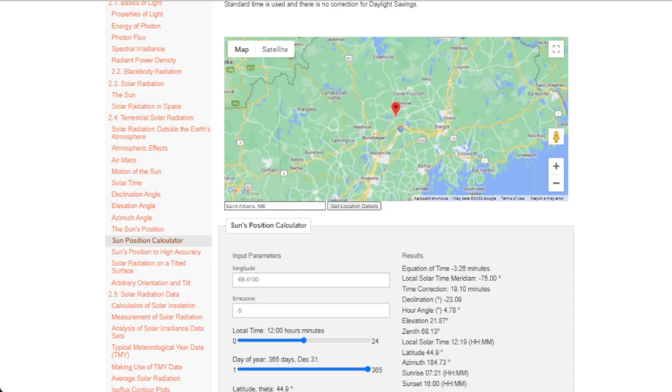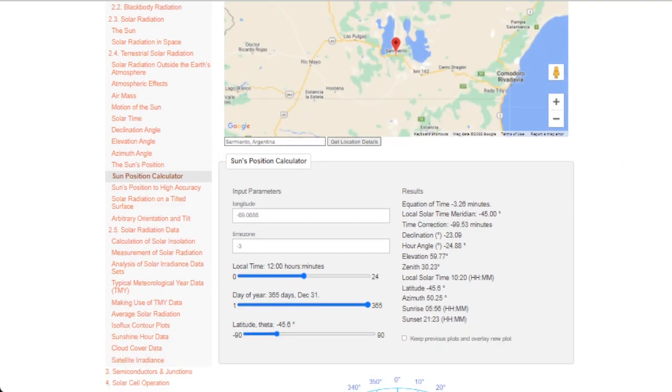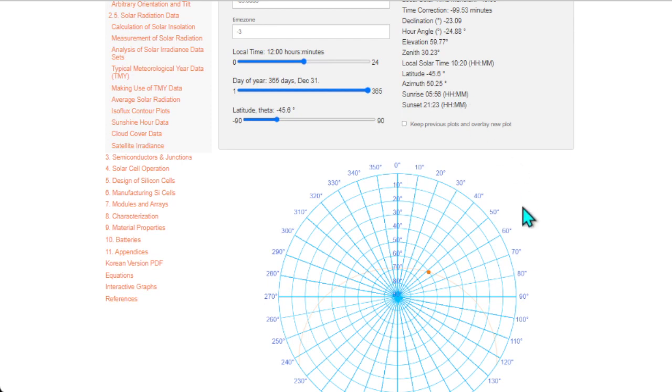So let's check that out. That's the mirror image of this place in Maine. And you can see that we've got the big frown going on here now. So let's go back to January 1st, and you can see what happens to that. There's the equinox when it rises and sets at 90 to 270.